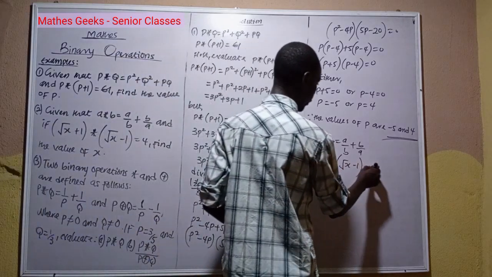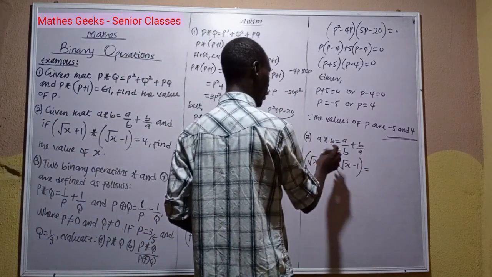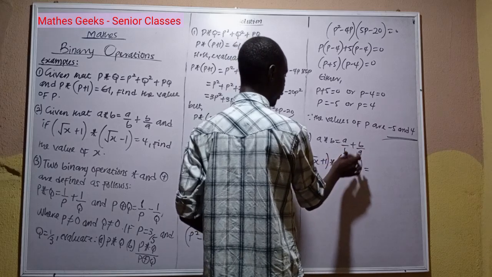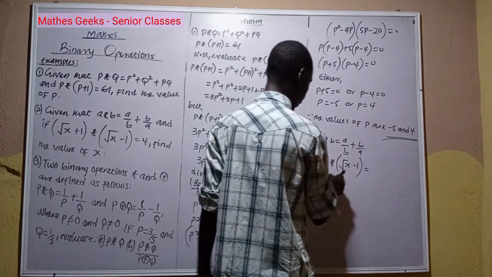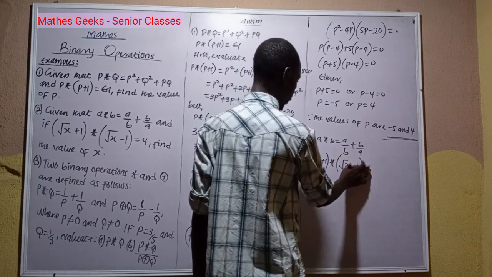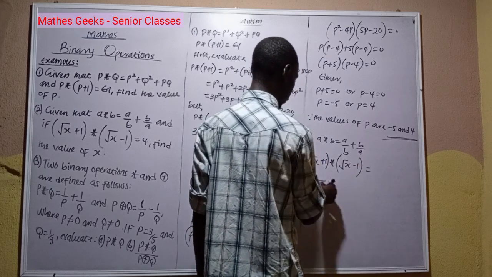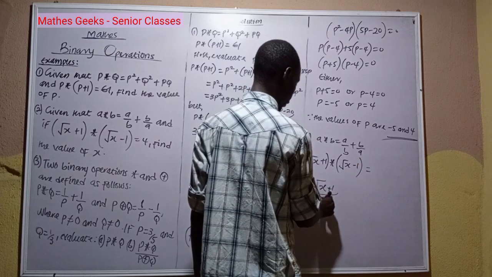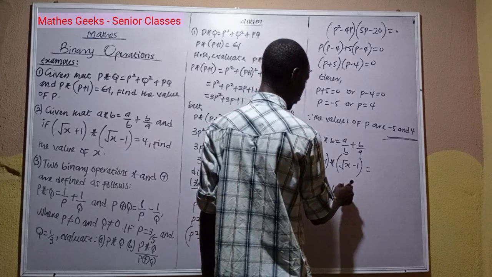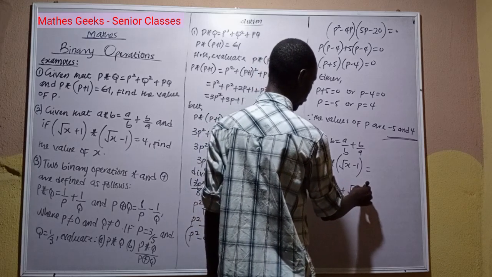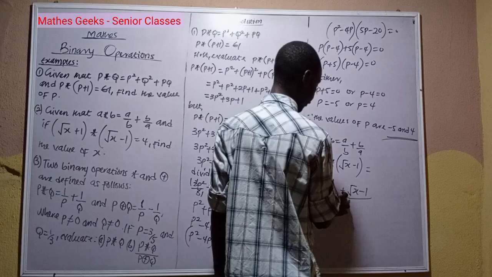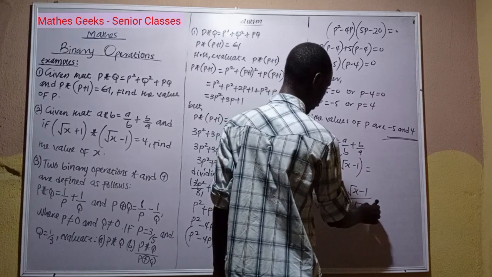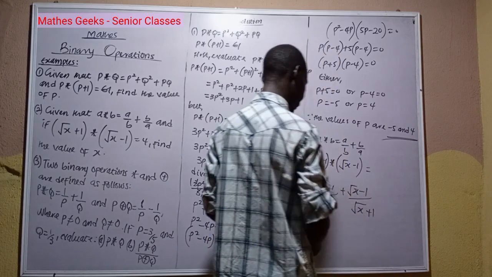So from what we're given, a is root x plus 1, b is root x minus 1. So this gives us root x plus 1 over root x minus 1 plus root x minus 1 over root x plus 1.